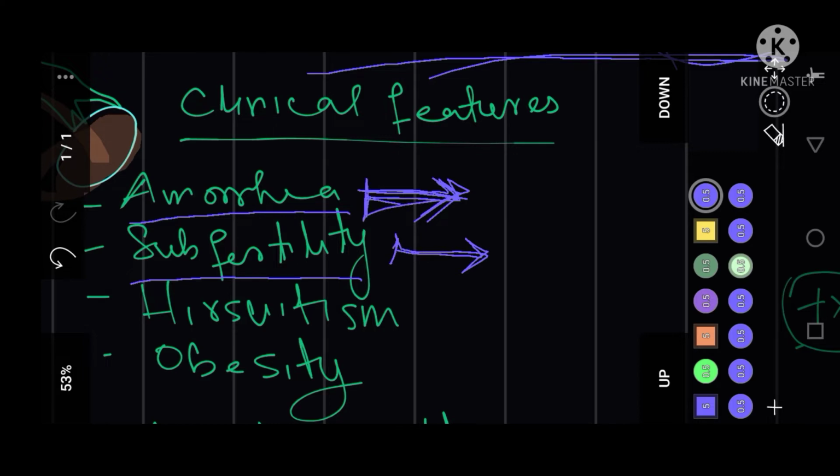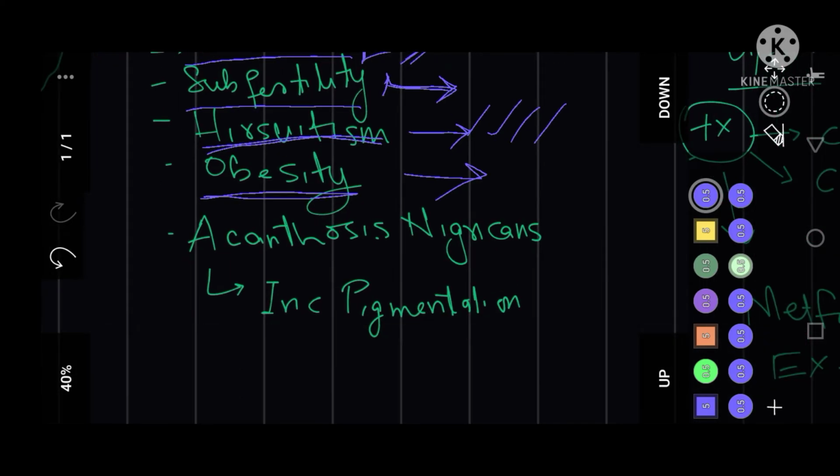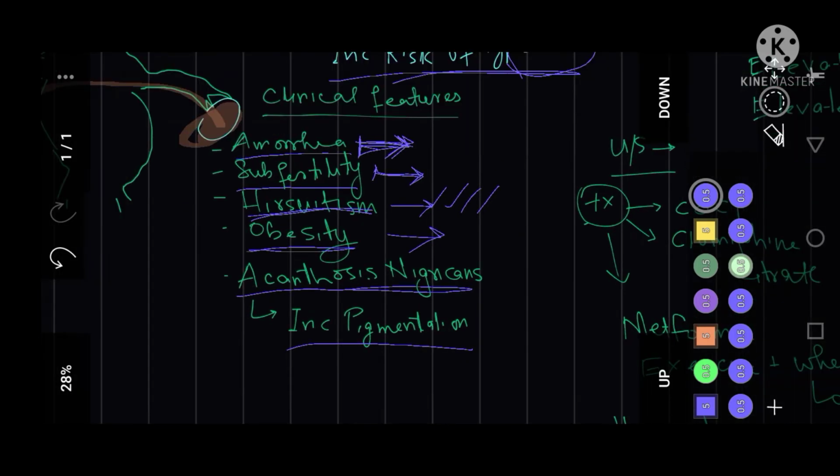Hirsutism: excessive abnormal hair growth over the hands, face, body, and different parts of the limbs. There is also obesity in the patient, with increased BMI, and acanthosis nigricans, meaning increased pigmentation in the body and face of the patient.